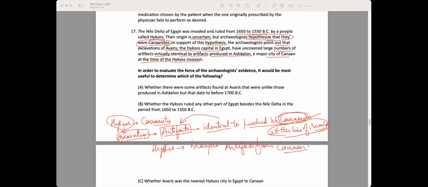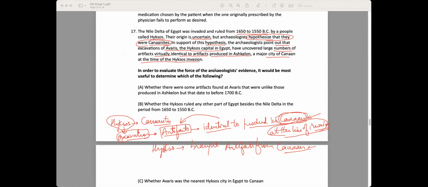That's what we are primarily basing our argument upon, the hypothesis. Is that understood? First of all, understanding the argument would be a little challenging here. It's a little complex. Okay, so the artifacts were similar, so we are simply assuming that Hyksos must have brought those artifacts from Canaan, and that's why we are calling that Hyksos people came from Canaan. That's what we're doing.